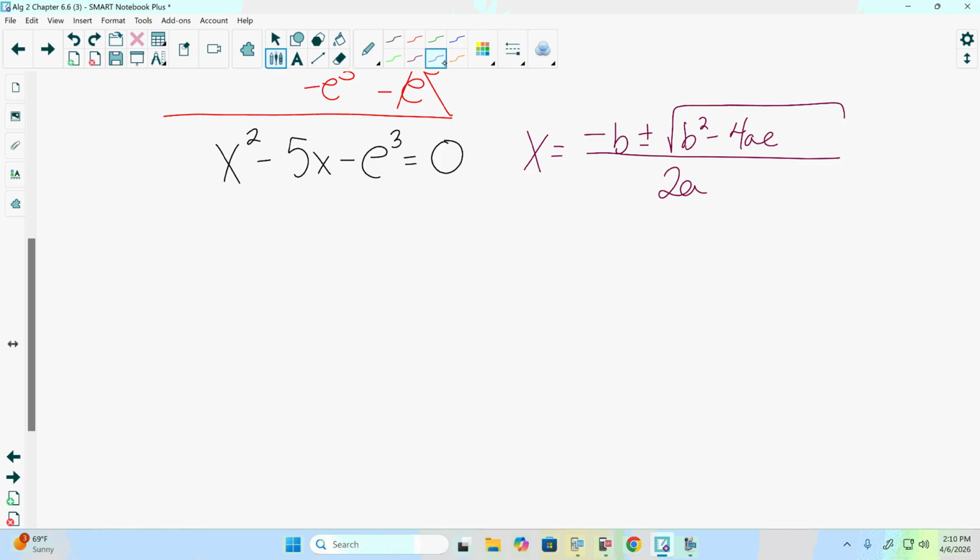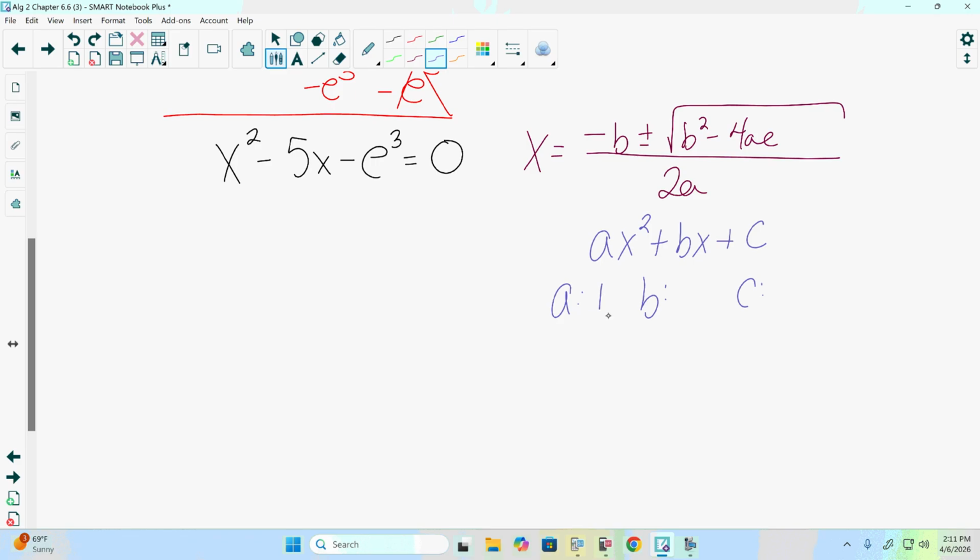And this attaches to our ax squared plus bx plus c. We just need to plug the values of a, b, and c in and simplify down. A is the number in front of x squared, and that number is 1.